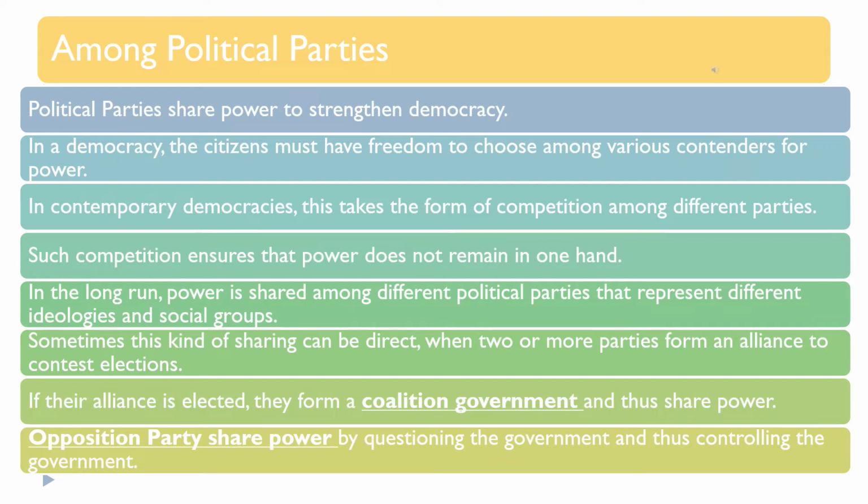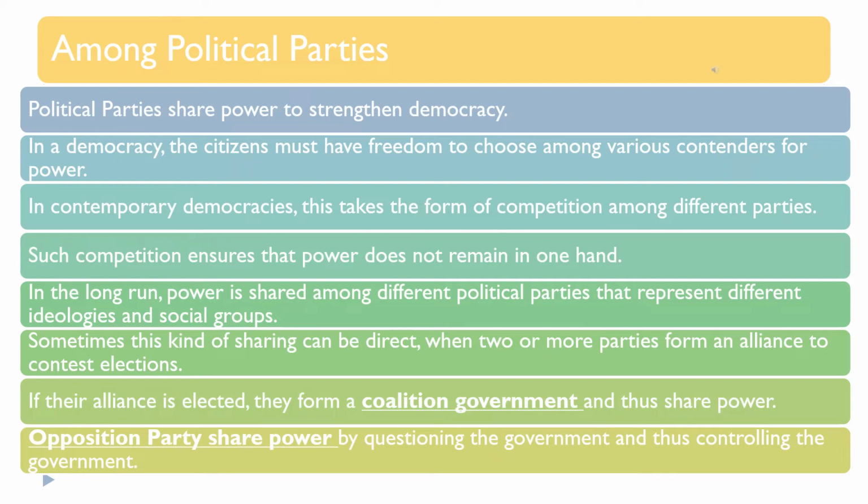Why? Because that ensures that power does not remain in one hand. And in the long run, power is shared among different political parties that represent different ideologies and social groups. For example, we have a coalition government, right?